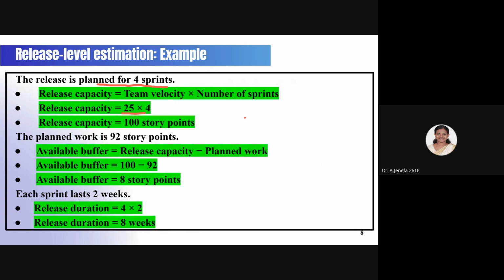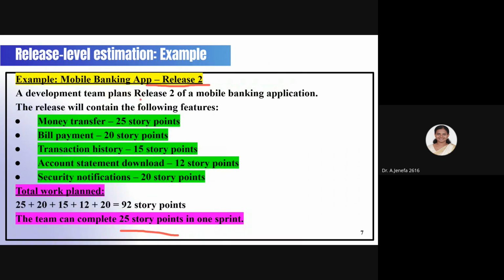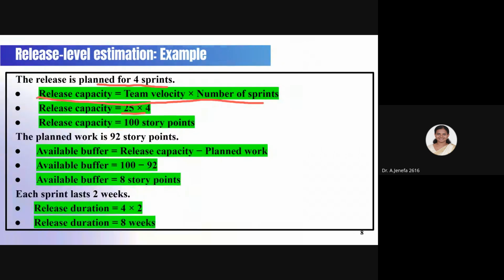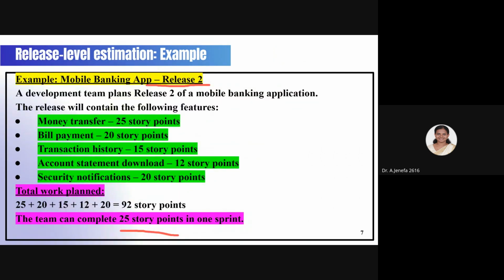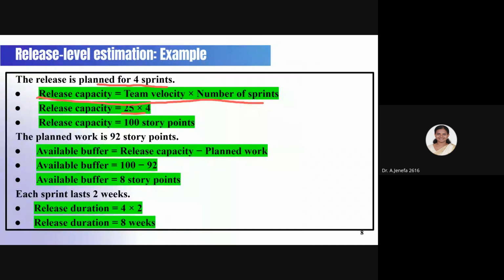If I plan for 4 sprints, that is 25 into 4. So what is the formula for release capacity? Release capacity equals team velocity times the number of sprints. Team velocity is 25, and the number of sprints is 4.